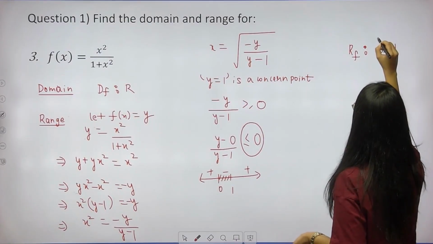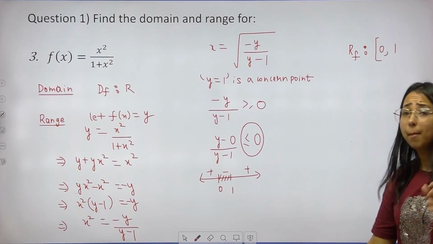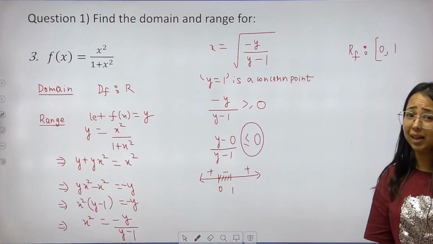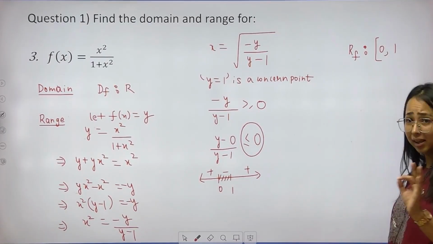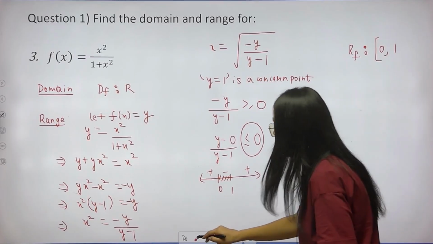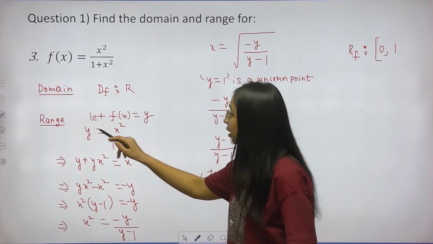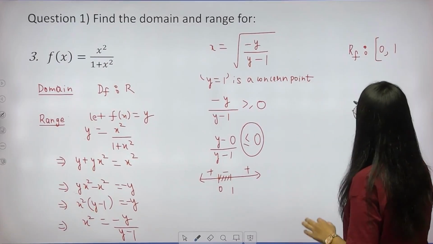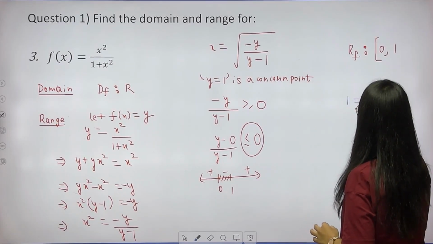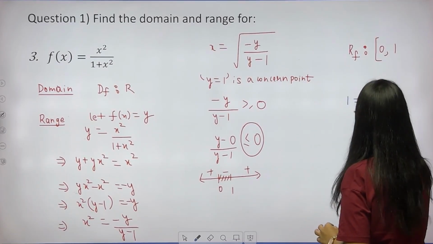We are definitely including 0, but let's check whether we can take y as 1 as an output or not. For checking that, we'll put 1 in place of y. So what do we get is 1 is equal to x square over 1 plus x square.